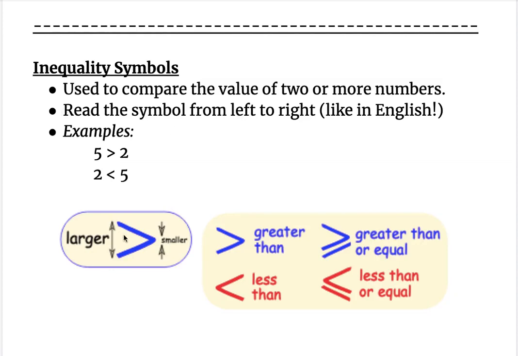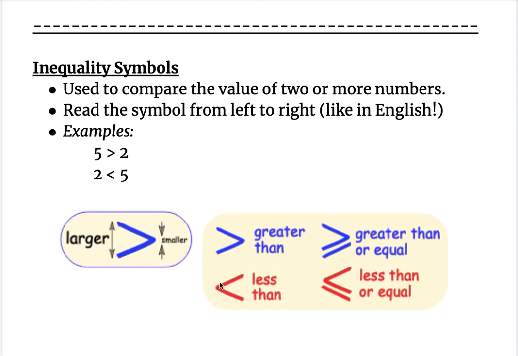So just like with the greater than and less than symbols, you're going to start from the left-hand side, okay? So for instance, this symbol right here, we start on the larger side and then we end with the smaller side. So this is the greater than symbol because we start with the bigger side on the left-hand side.